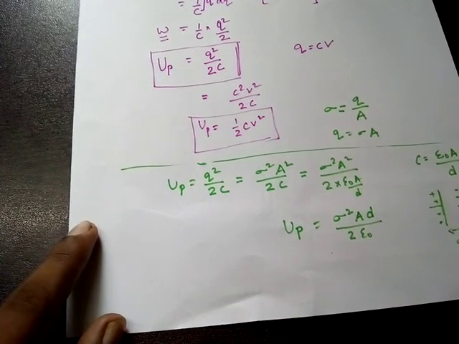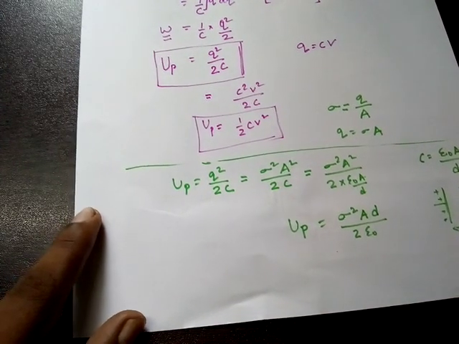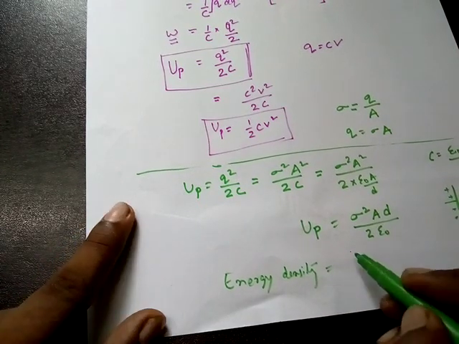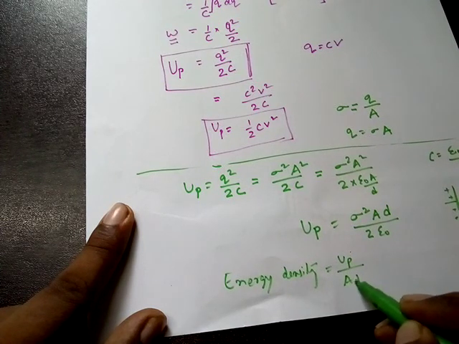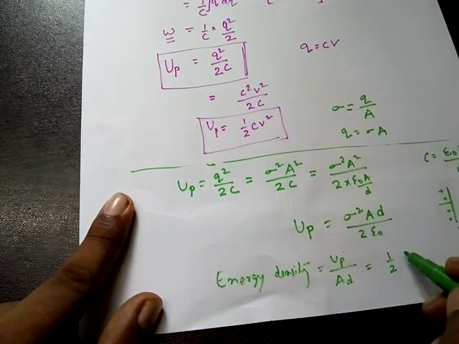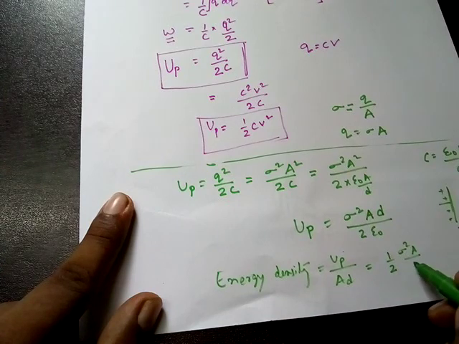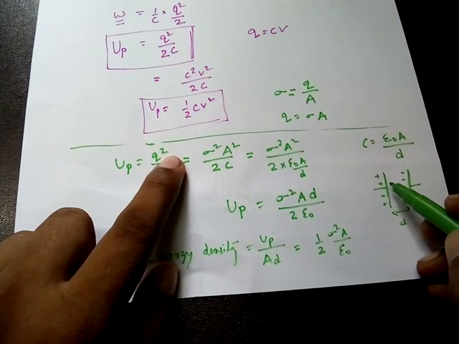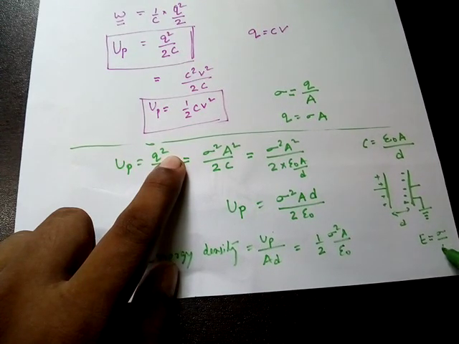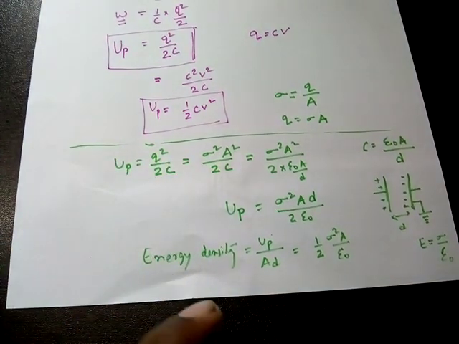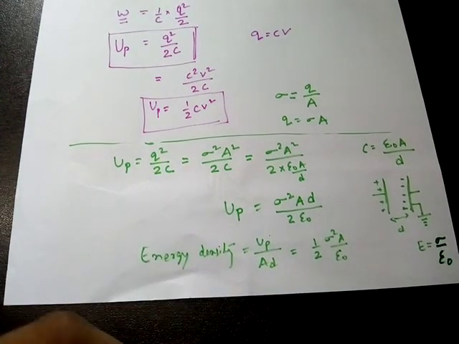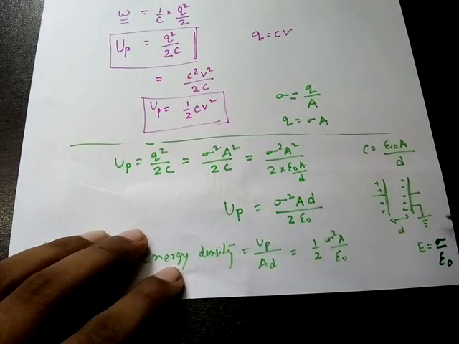So if I take the energy stored per unit volume, that is energy density, that will be equal to Up divided by A d, and that will be equal to 1 by 2 sigma square divided by epsilon naught. Again, the electric intensity E will be equal to sigma by epsilon naught, and as the separation between the plates is very small, sigma by epsilon naught is uniform in between the two plates.